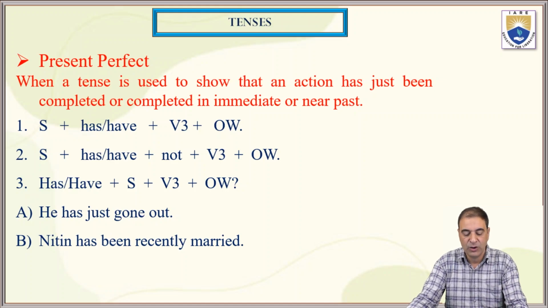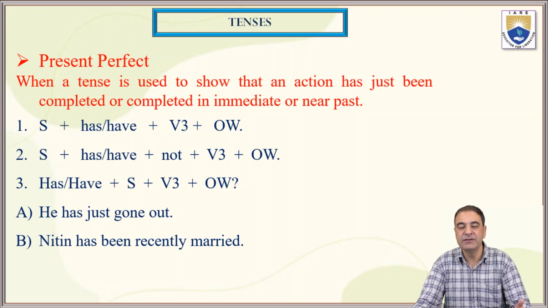Like here, we have the present perfect tense. What's this present perfect tense? When a tense is used to show that an action has just been completed in immediate or near past, we use this present perfect tense to express near past, or actions which have just been completed.